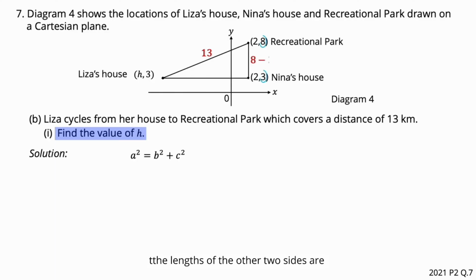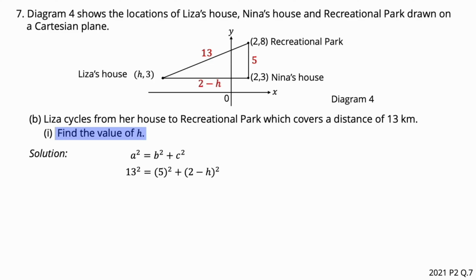The lengths of the other two sides are 8 minus 3 equals 5 and 2 minus h. 13 square equals 5 square plus (2 minus h) square. 13 square is 169. 5 square is 25, and expand (2 minus h) square: 4 minus 4h plus h square.